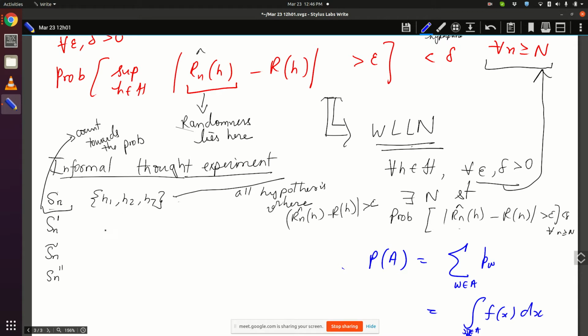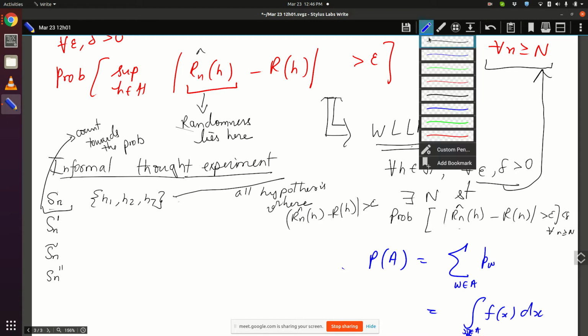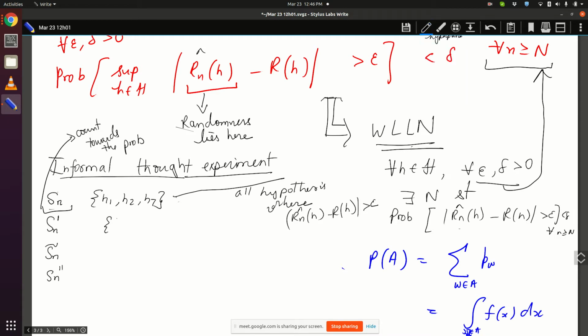Now for Sn prime, I may not get the same members. I may have H6 only. For Sn double prime, this may be empty. All the things in my bag are less than epsilon. The supremum is less than epsilon. And this can be H8. So basically when I take the supremum, it is not that there is one element in my bag which consistently is greater than epsilon.